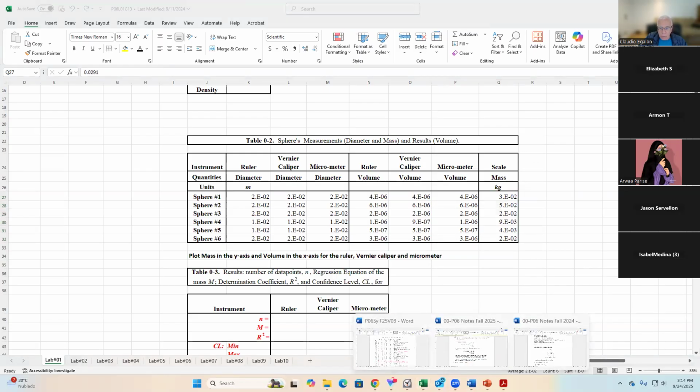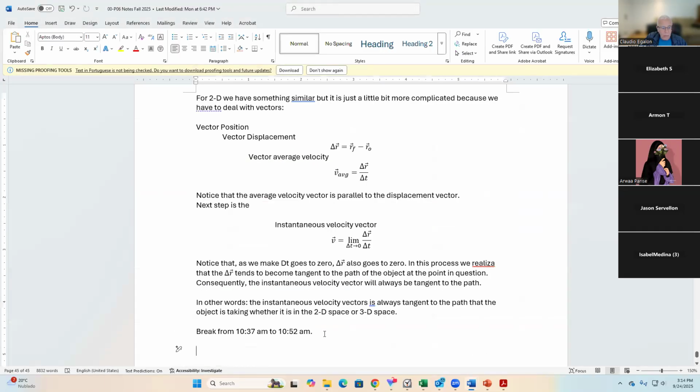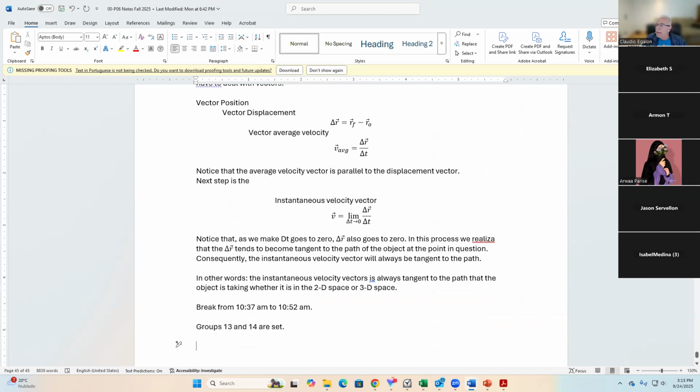Okay, so groups 13 and 14 are set. Anybody else doesn't have a group? I guess everybody has a group now, right?